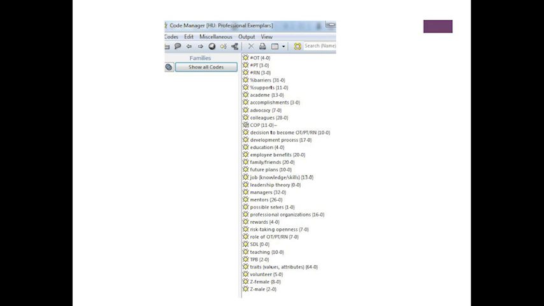So I had the obvious ones: PT, OT, RN. I had gender down here. I had some of the theoretical frameworks that I was looking at: self-directed learning, theory of planned behavior, communities of practice. If things they said supported those theories, then I could use those.